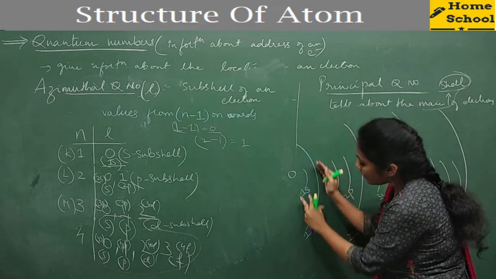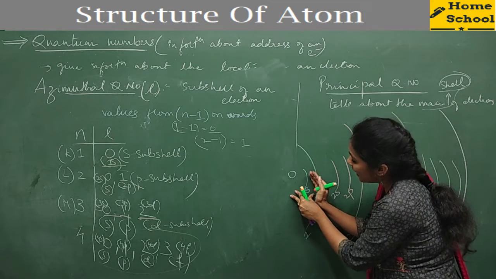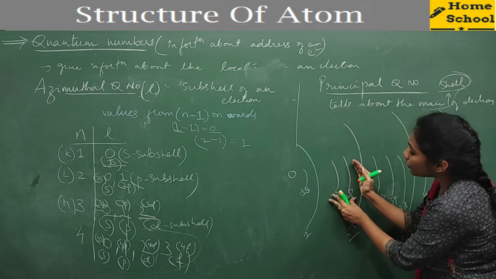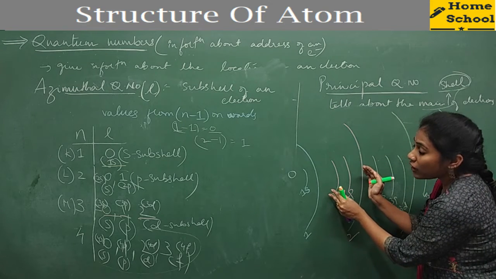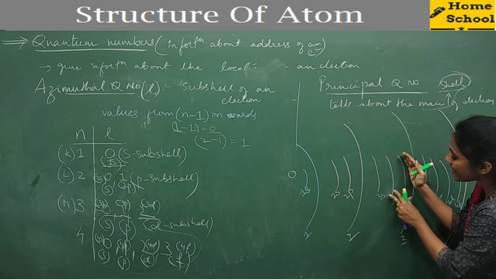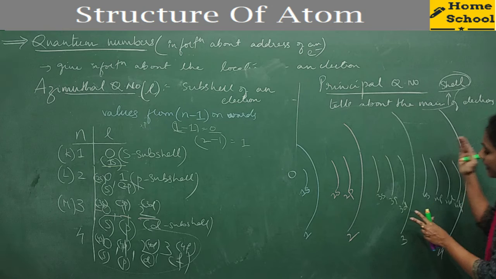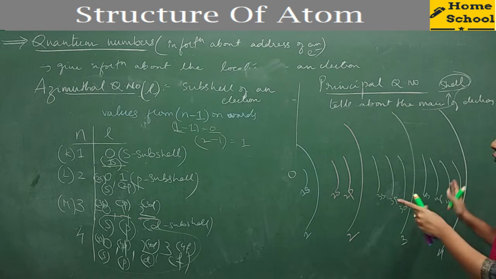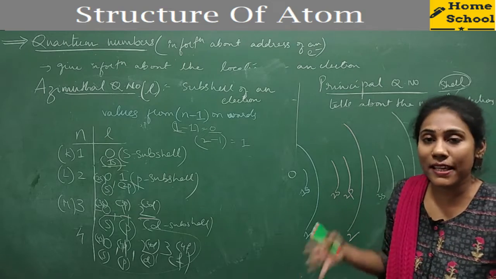The first main region has only one subshell, that is 1s. The second main shell has 2 subregions, which we call 2s, 2p. The third main shell has 3 subregions, 3s, 3p, 3d. Here 4s, 4p, 4d, 4f. So now you have an idea about main shell and subshell.